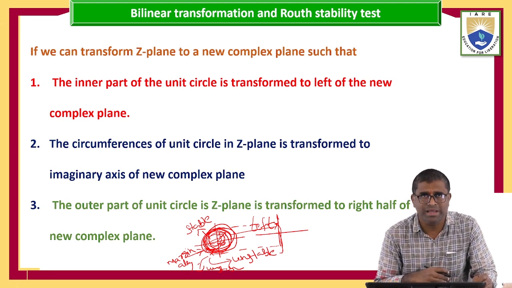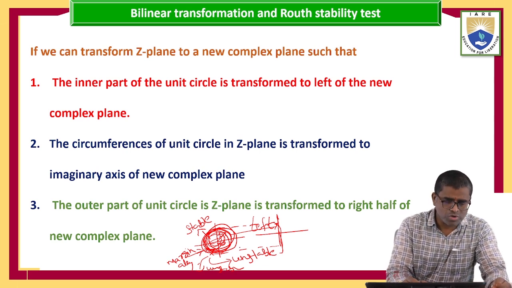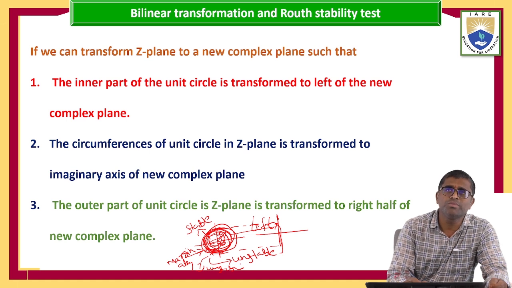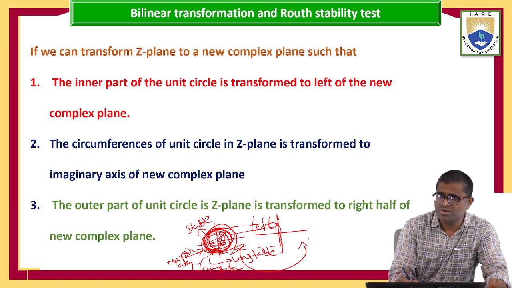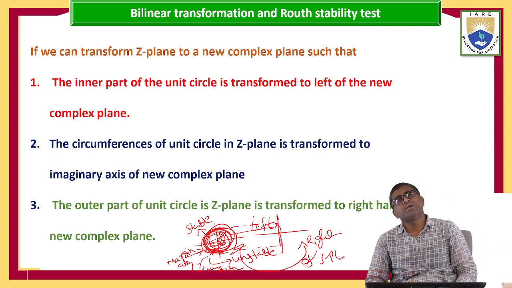Next, the outer part. Generally, the outer part is the unstable condition. The outer part of the unit circle in the Z-plane is going to be transferred to the right half of the S-plane.